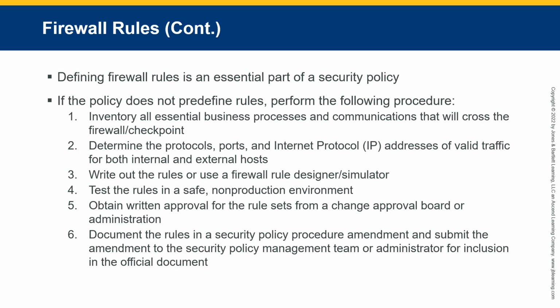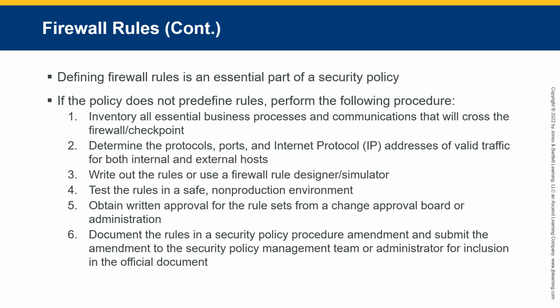Once you have this done, there should be a system of record where the rules are recorded, and a step-by-step plan is created to submit and amend the security policy for the inclusion. So you need to have, here is how I'm going to implement these rules.